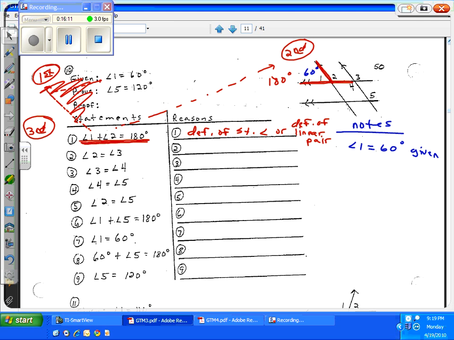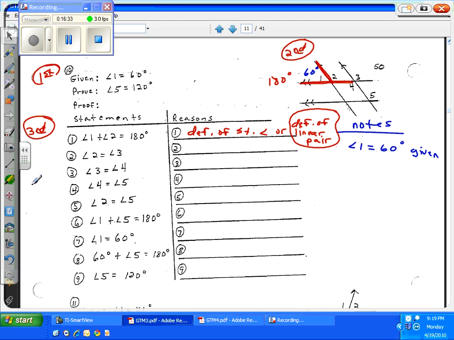Now, since we're actually dealing with the angles, then definition of a linear pair is probably a better answer. This is why you go to the diagram, because there's some things you just flat see in the diagram, right? Okay, so the first one wasn't given in this particular proof.